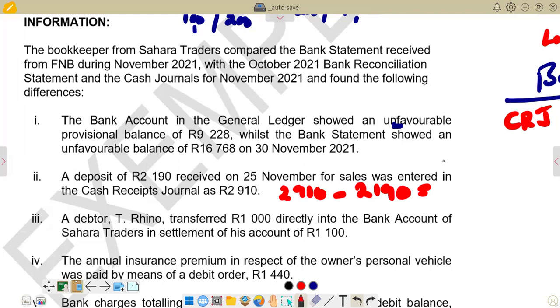So the answer that we have here is 720. It means we have a greater figure on the debit side of the bank account by 720. So to remove it, we go to the credit side and put our 720 so that we cancel what is on the debit side. So we are going to go to the updated bank account and enter that.